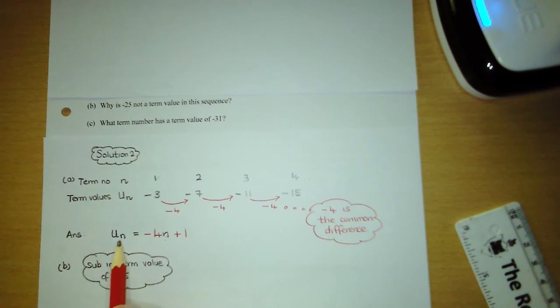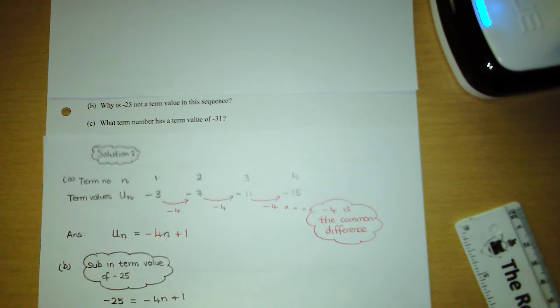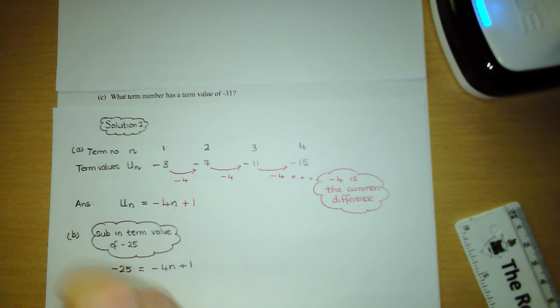So replace un, remember un is your term value, so we get minus 25 equals minus 4n plus 1. Going to move the minus 4n over to make it positive, so we get 4n. Then we're going to move minus 25 to the other side and change its sign, so we're going to have 1 plus 25.